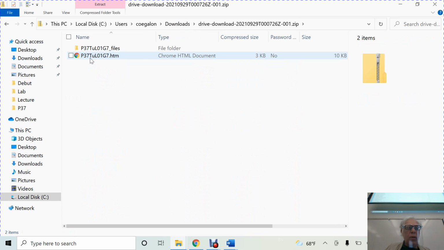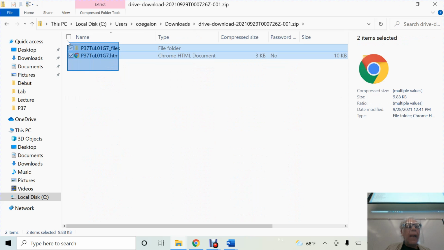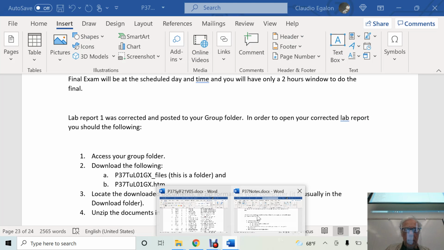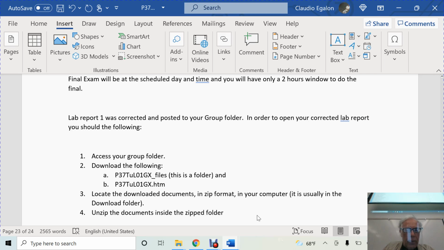Go inside the zipped folder, highlight the two documents and copy them. How do you do that? Unzip the document. Go inside the zipped folder.